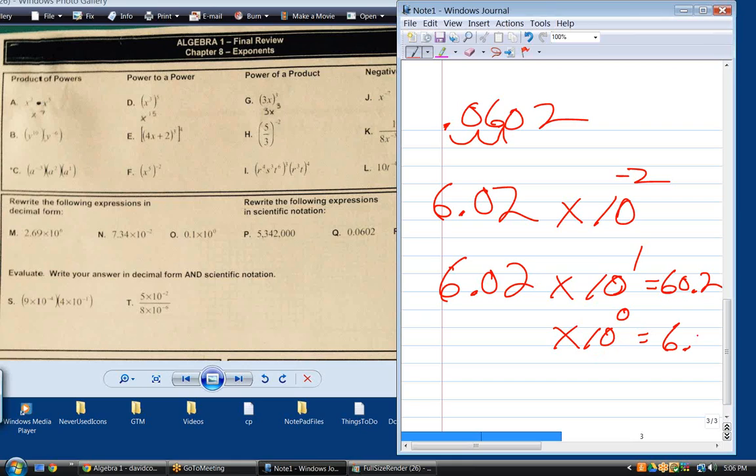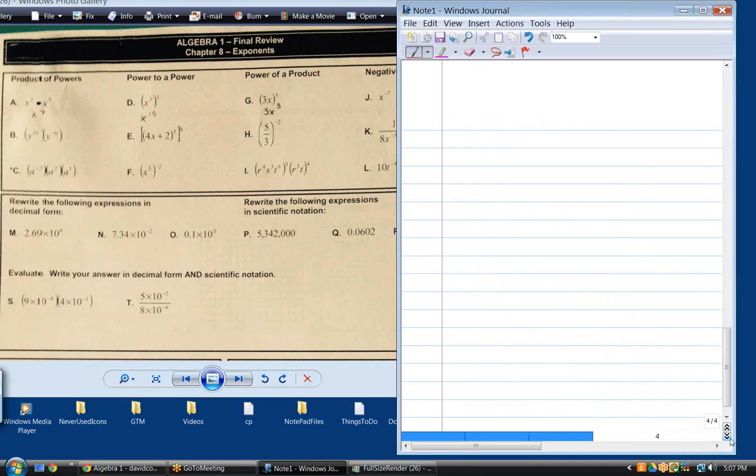So it'd be 6.02. You with me? Yeah. Okay. Times 10 to the minus 1. What would that be? 0.602. So times 10 to the minus 2, we just keep moving that decimal point 1 over. And that's what you'd get. Okay, all right.